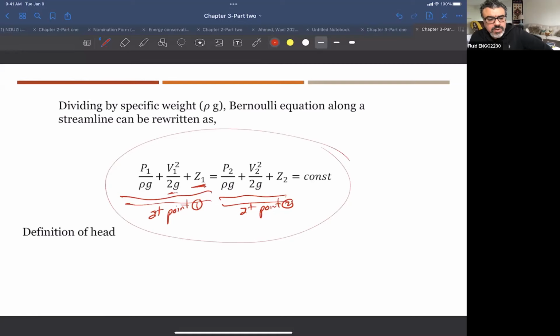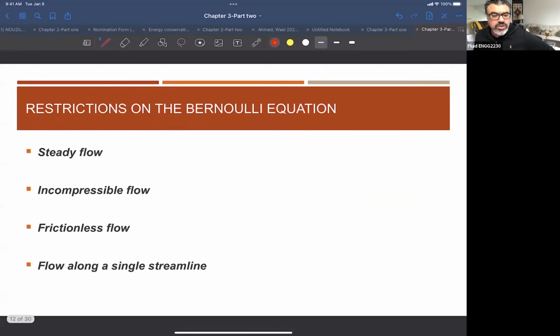Remember, this Bernoulli equation is developed from this analysis of Euler. We have to understand that the whole equation is developed for steady state flow, incompressible fluid, because we are not considering any change of density in our analysis, and frictionless flow, along a path or a certain flow direction, which we call a streamline.